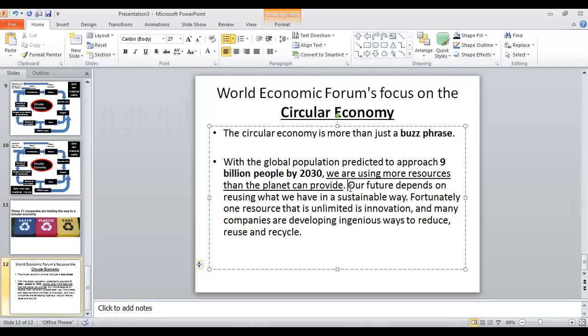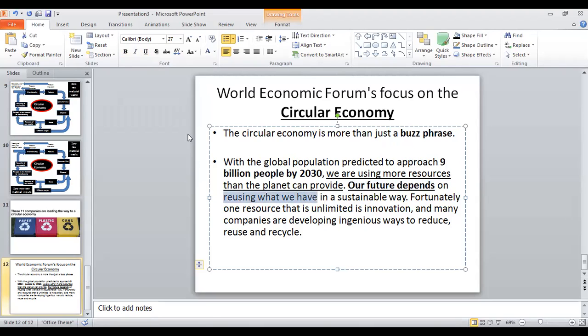So our future depends on reusing what we have in a sustainable way. Yes, our future. Example, petroleum is now getting depleted. For future generations, no petroleum. Yes. Depend on reusing what we have.